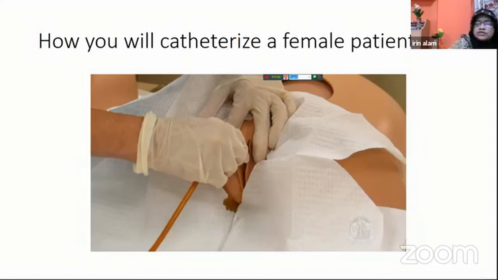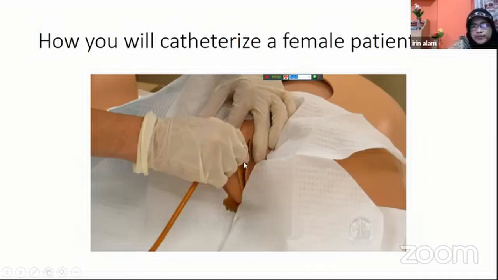At first, with sponge holding forceps from the gallipot, you have to wash with povidone iodine and gauze the urethra and vagina, the periurethral area. You have to give the wash in this way: one side, then the other side, and then the center.